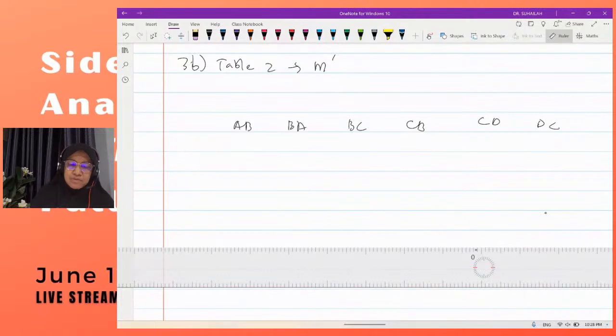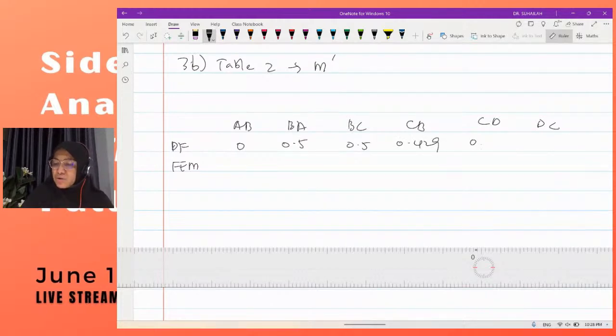Sorry. Distribution factor first. Distribution factor, FEM. Okay, the distribution factors remain the same: 0, 0.5, 0.5, 0.429, 0.571. We just need to repeat the same, except the FEM is different.